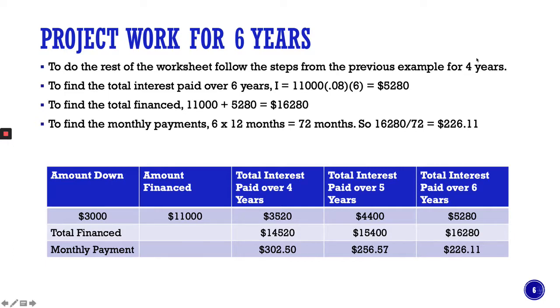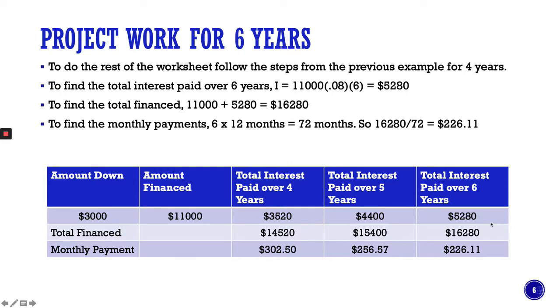So we're adding that $5,280 now to our $11,000 that we financed to get $16,280. Now to find the monthly payments, we're going to do 6 times 12, because we're doing 6 years, which is 72 months. When you divide our total by 72, we get $226.11. So now we've added that. So that's what the first section of your form should look like.